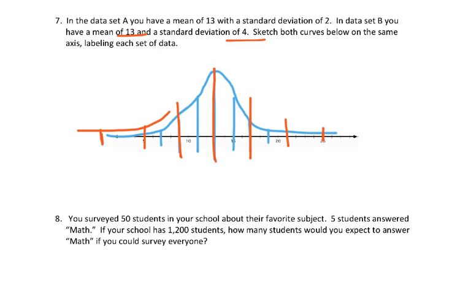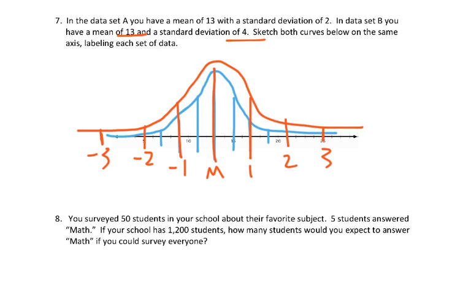Okay, so something like that. And then you could label each set as the mean and standard deviations away. Often they'll label it like this if we're not really thinking about the data. So you could do it either way. Okay?